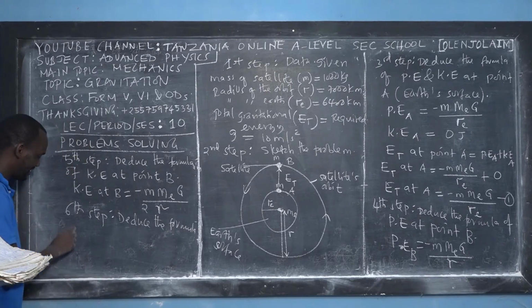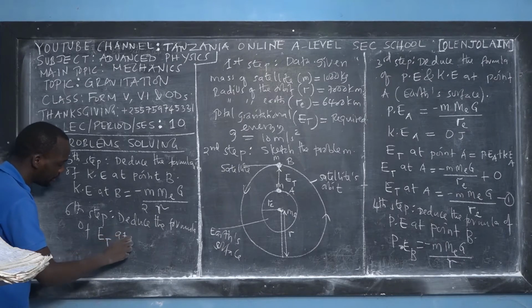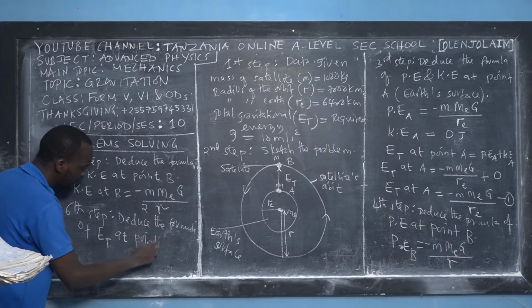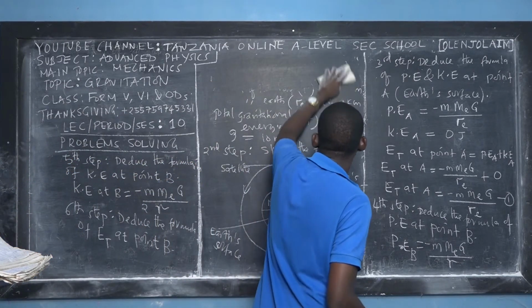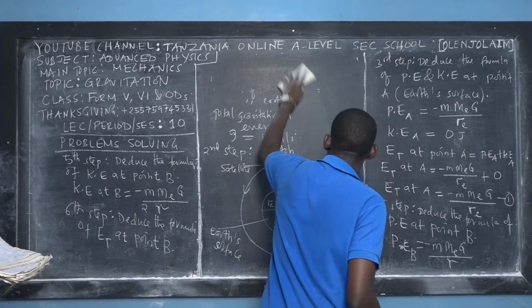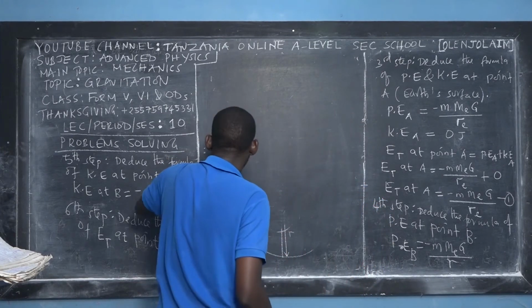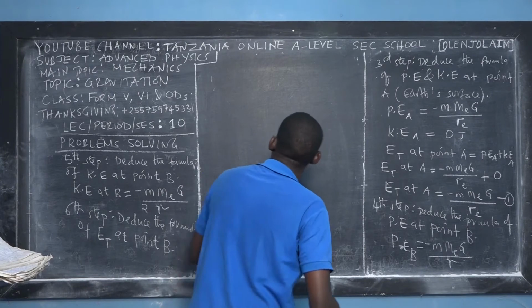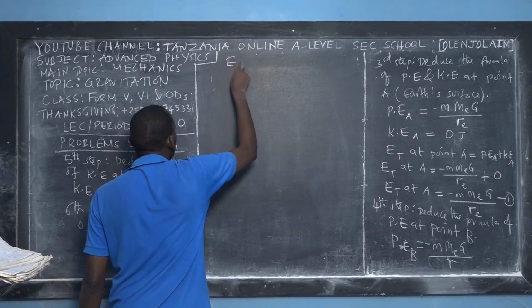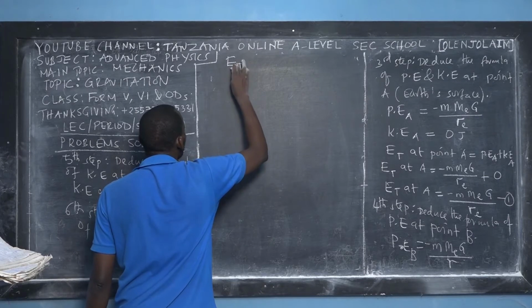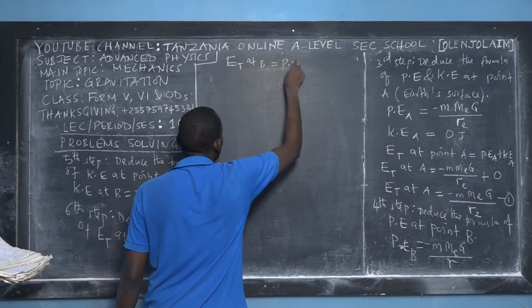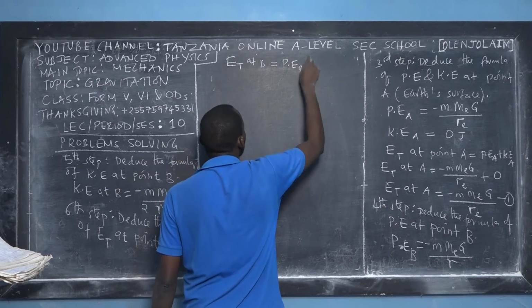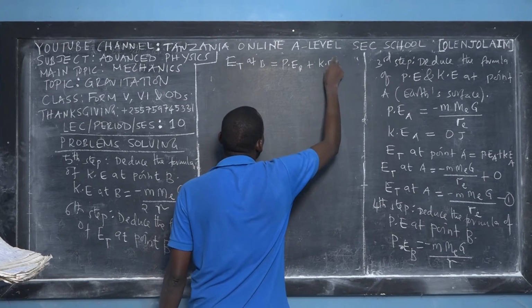Reduce the formula of total energy at point B. Use the formula at point B. Total energy at point B is equal to potential energy at point B plus kinetic energy at point B.